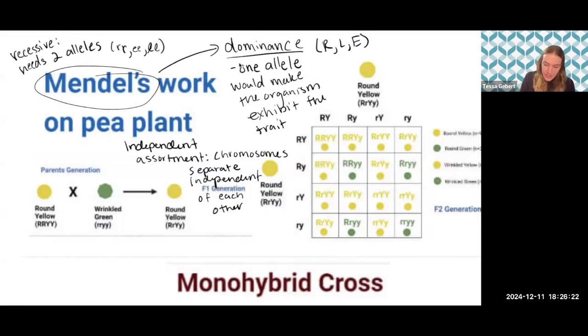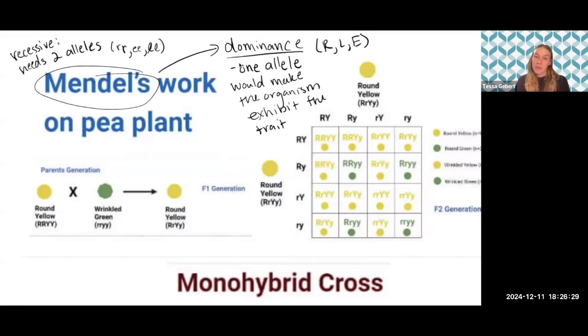Now, let's go ahead and actually put it into practice. He did a lot of work in pea plants, and because these chromosomes segregate independently of each other, we can actually predict the phenotypic ratio of the offspring for multiple genes simply by multiplying.